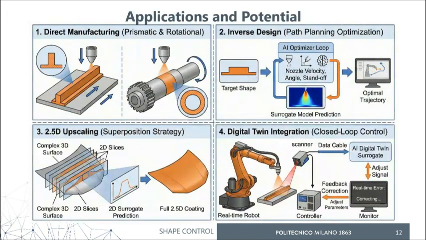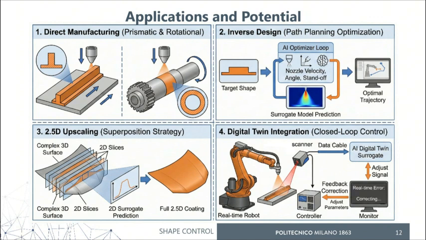The applications and potential of the surrogate model we have now are, first, at this stage, we can use the surrogate model for predicting deposition shape for applications that are linear, have a constant cross section, or are even axisymmetric spraying.